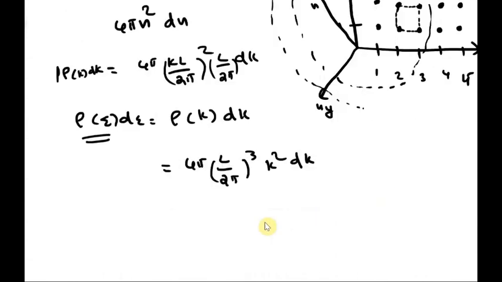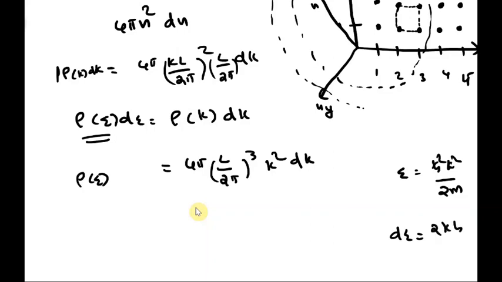So that is going to be rho of E dE. But I can modify dE, because E is nothing but p square by 2m, that is h cross square k square by 2m, or dE is equal to 2k h cross square by 2m into dk. The 2 will cancel, giving k h cross square by m.